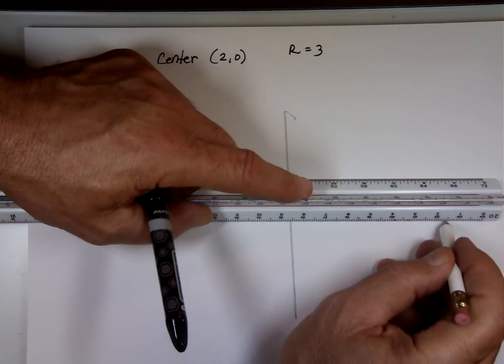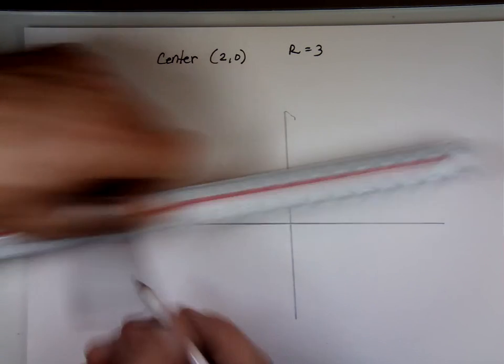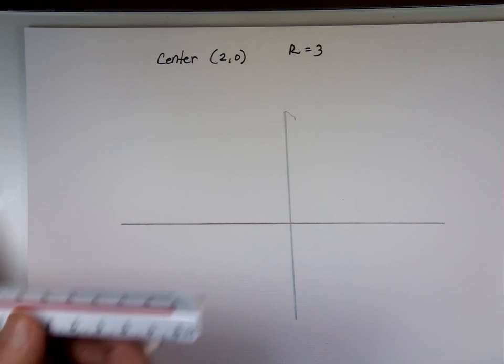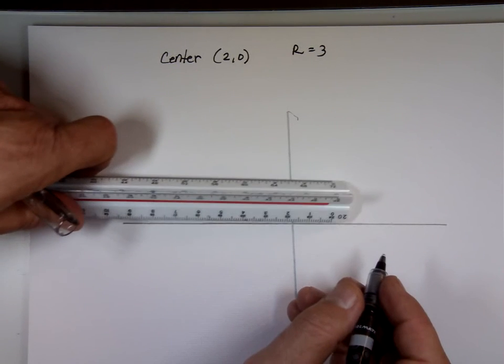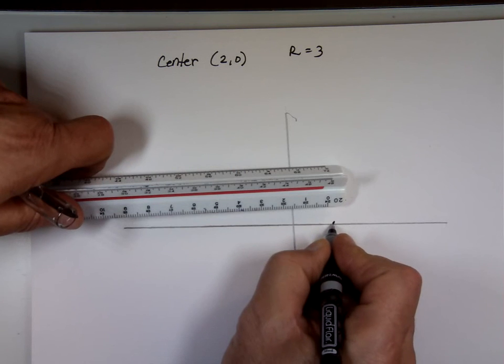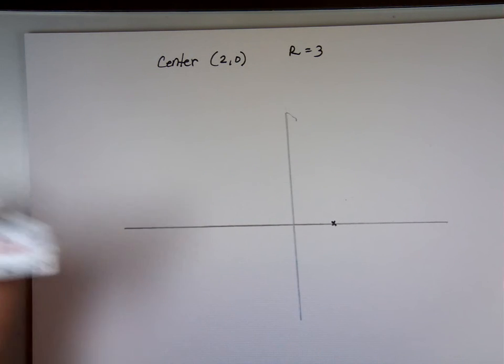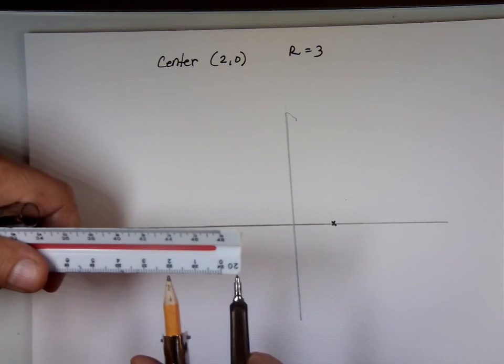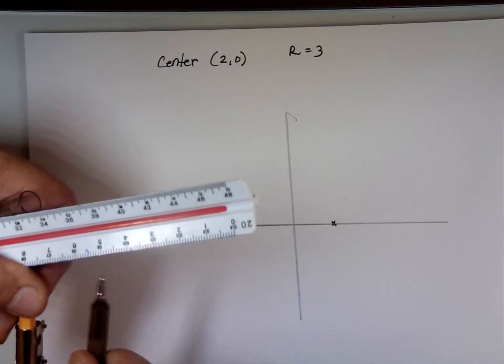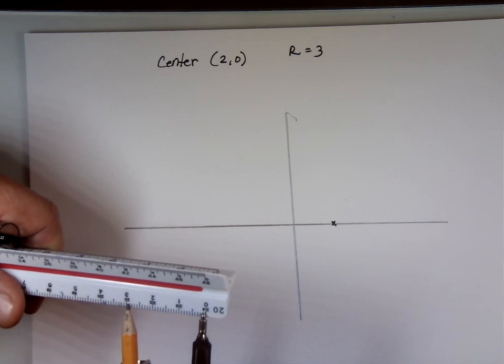So now my center is 2 comma 0. Let's see where that is. And my radius is 3. Here we go with that stupid thing here. Let's do that at 3.